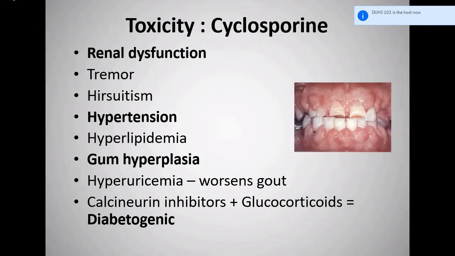These drugs can also be diabetogenic if used with glucocorticoids. We always try to focus on the main side effects that you should remember, so I highlighted in bold: renal dysfunction, hypertension, hyperplasia, and diabetogenic. So this is about cyclosporine.